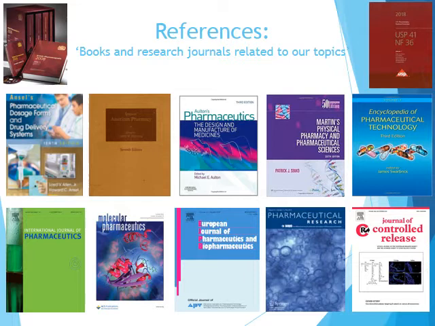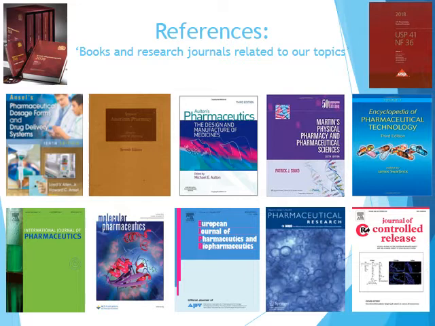We have Pharmaceutical Dosage Forms and Drug Delivery Systems by Howard Ansel. This is the first one. And also we have Remington: The Science and Practice of Pharmacy, Alton's Pharmaceutics, Martin's Physical Pharmacy and Pharmaceutical Sciences. And we also have a very interesting reference, the Encyclopedia of Pharmaceutical Technology. All these books are very useful if you want to get some information related to pharmaceutical technology as a topic.